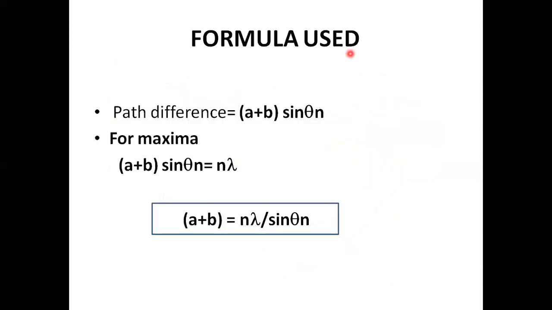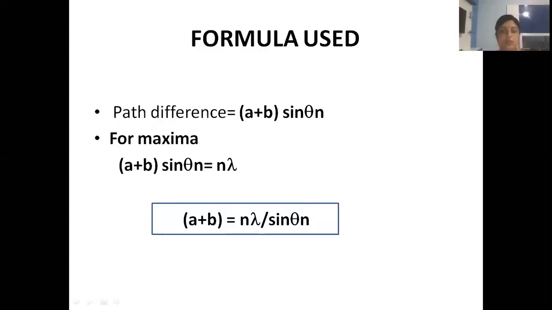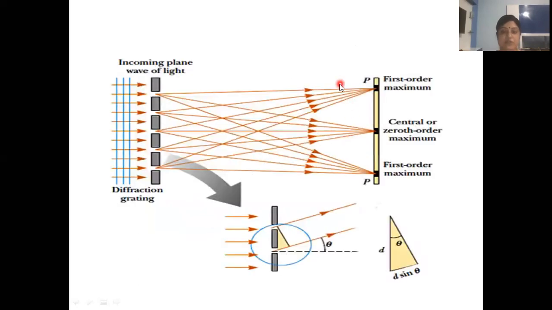So let us discuss the formula used in the experiment, how you can derive the formula for measuring grating element using this diagram. You can see here, if I calculate the path difference between these two rays which are superimposing to give first order maxima or central maxima, then that path difference comes out to be a plus b sine theta.